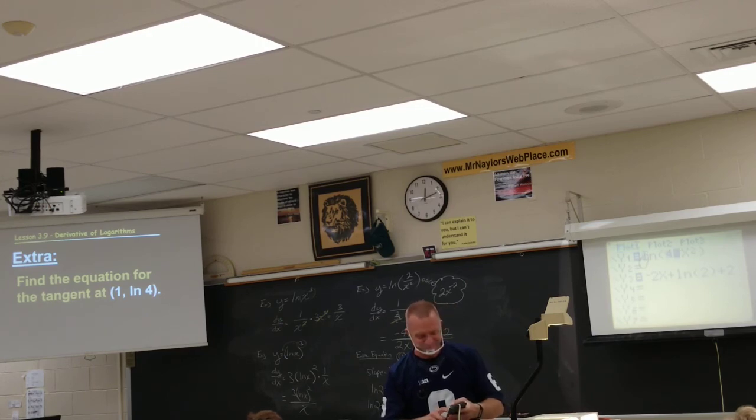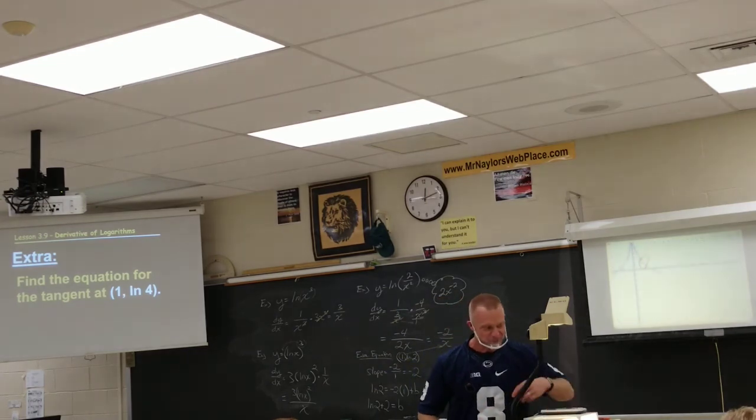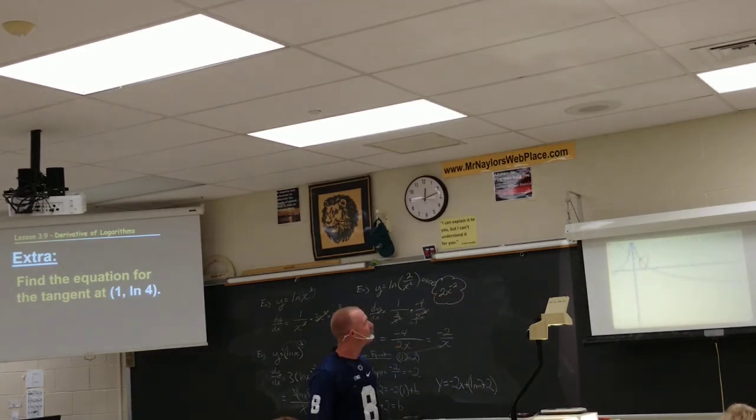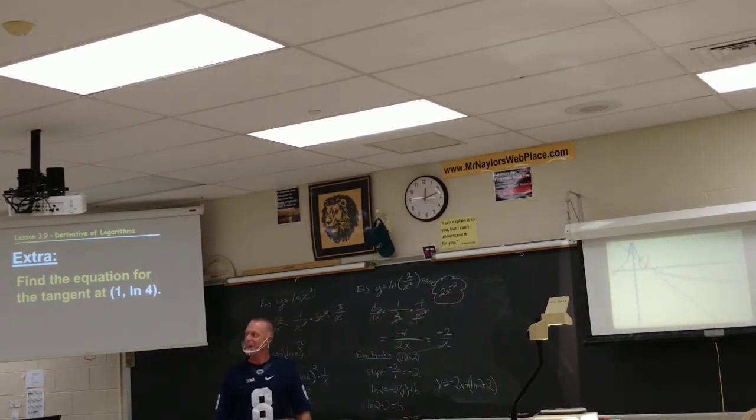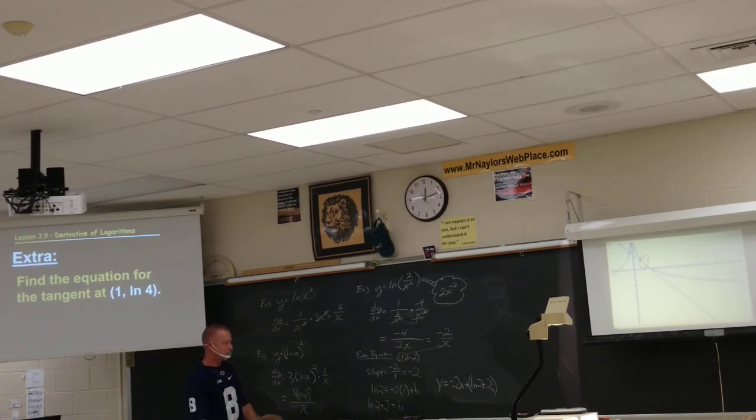No, it's 4. All right, take a look again. That's better. So this whole thing about tangent lines still works, even though we're getting into these crazy rules, these crazy derivatives.